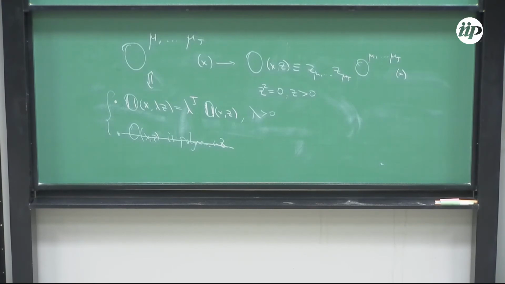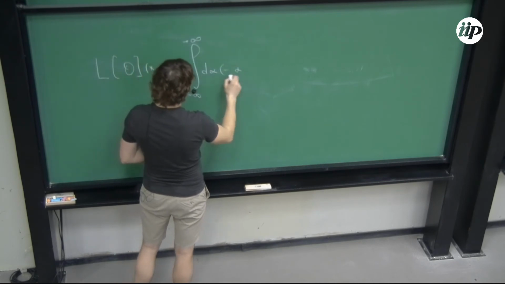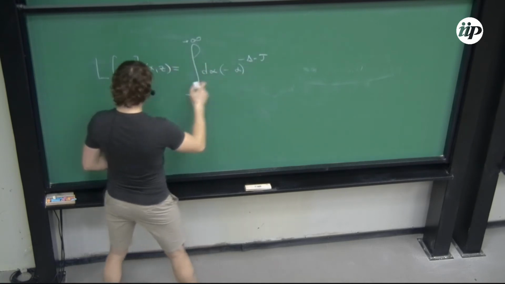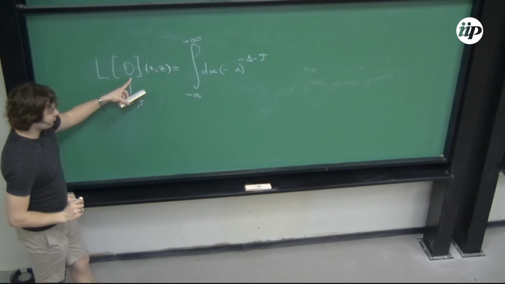So the definition of this transform, which is really just fixed by conformal symmetry up to a discrete choice, is that if you want to apply this transform to an operator O and evaluate it at parameters x and z, then we need to compute an integral from minus infinity to plus infinity over some parameter d alpha with some weight minus alpha to the power minus delta minus j, where delta and j are the quantum numbers of this primary operator.